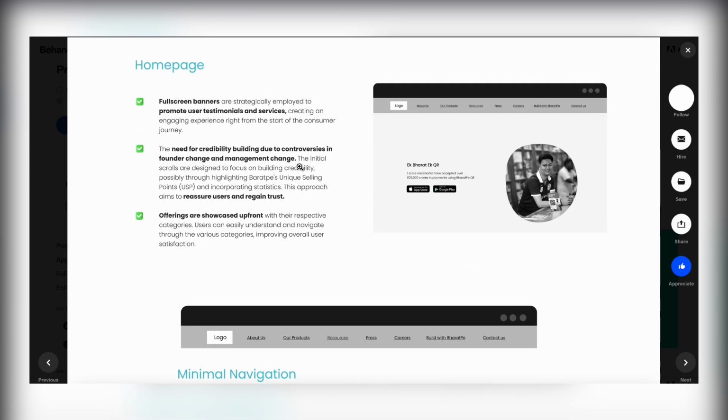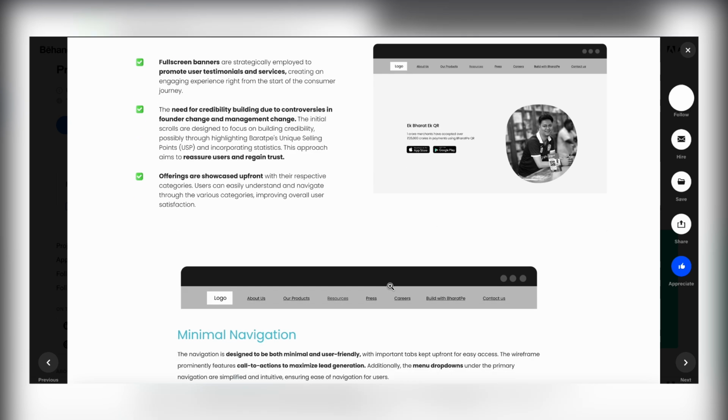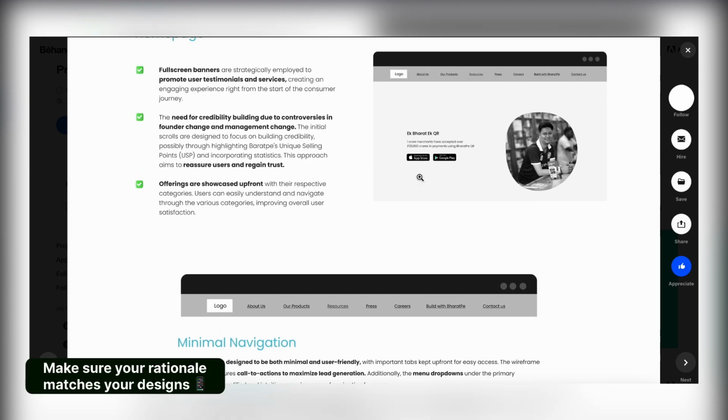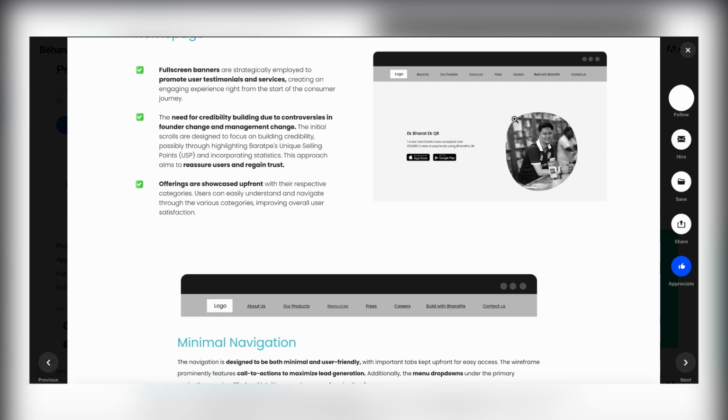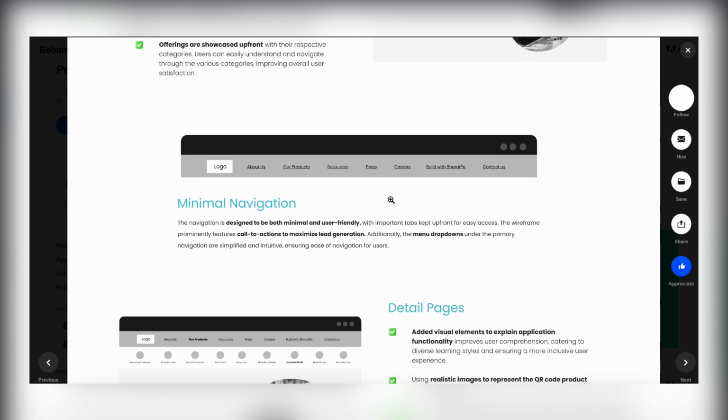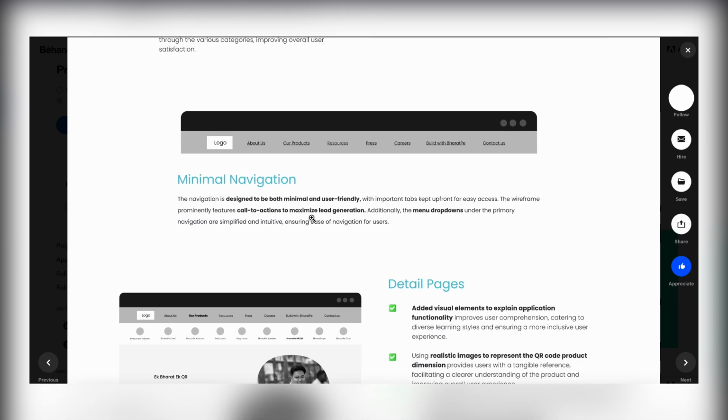So you want to add as many screens here and explain how each screen works. So this is a full screen banner, promote user testimonials, so that's fine. But for these two points, I don't see any image for it. Minimal navigation, minimal user friendly. I don't see anything minimal here. Again, I don't know what BharatPay's website was before.